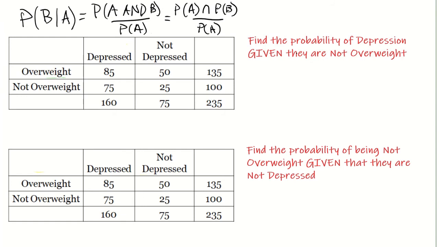Let's do two more examples with these same contingency tables. So the next question says, find the probability of depression given they are not overweight. So we are looking for the probability that they are depressed given that they are not overweight.